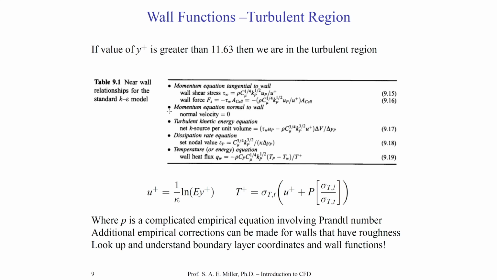That would be the y direction in Cartesian coordinates for a wall in the y equals 0 plane. You would still set, of course, the normal velocity to 0. Then there are other equations. The turbulent kinetic energy equation would be simplified. The dissipation rate equation. We have not talked about these equations yet in the class, and we'll talk about them in turbulence modeling, but they too are reduced here.